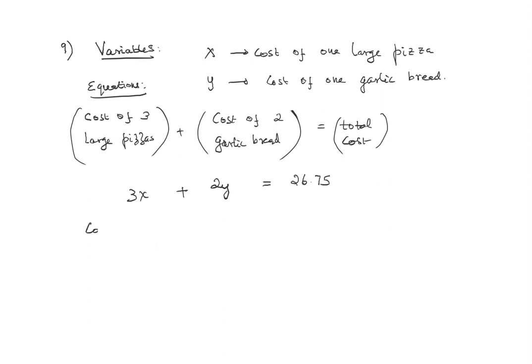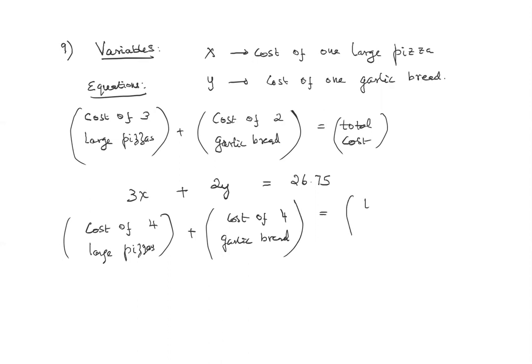And same thing with the cost of 4 large pizzas plus the cost of 4 garlic bread is equal to the total cost. So again, that one gives us 4x plus 4y equals $39. So now we are going to solve these equations.